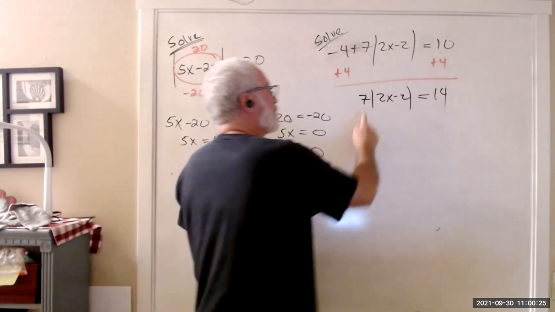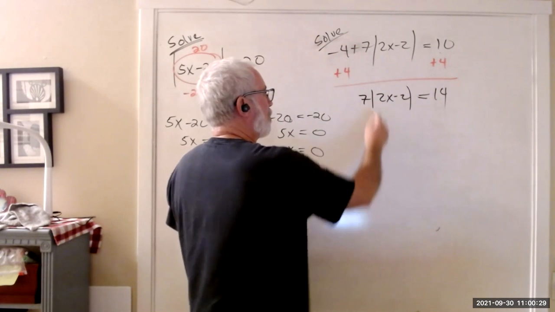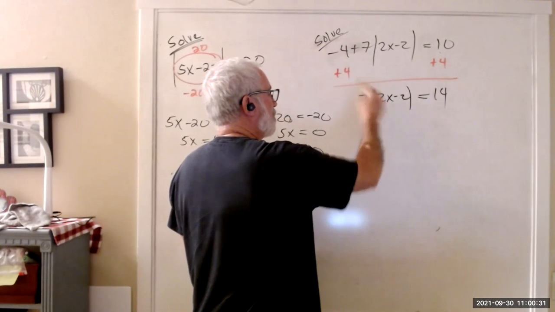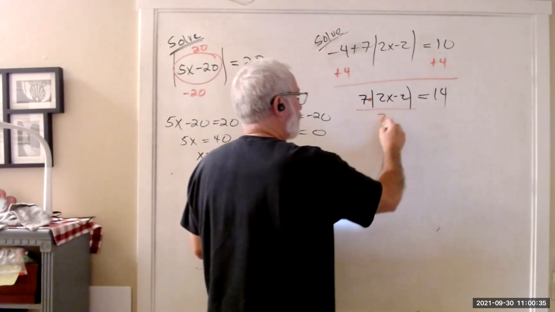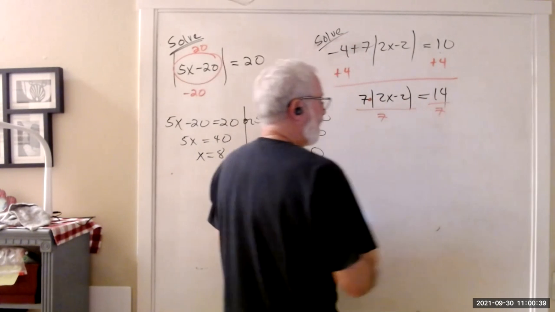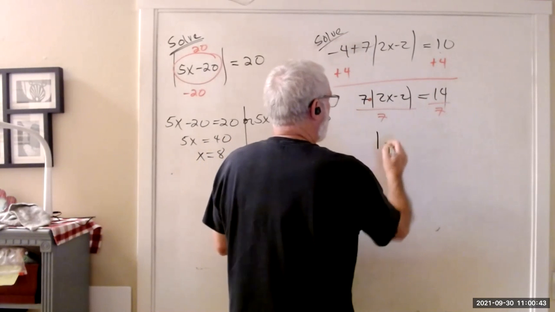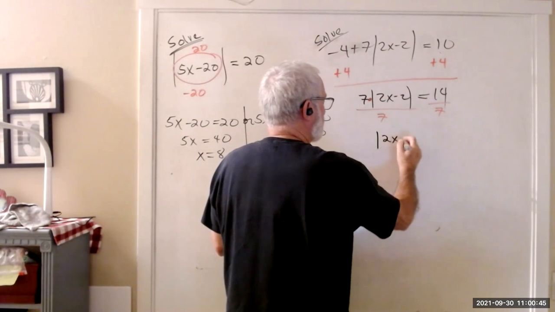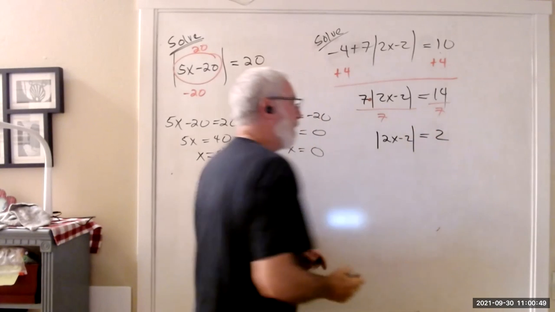Now, what's the 7 doing to the absolute value? Isn't it multiplying? Yeah, so you divide. So when you do that, now you have the absolute value of 2x minus 2 equals 2.